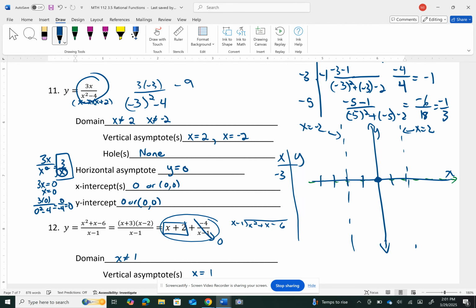So I'm going to get a negative 9 over 5. So that's like negative 1 4/5, so almost negative 2. So when I get to negative 3, I'm going to be down here, almost at negative 2. Okay.